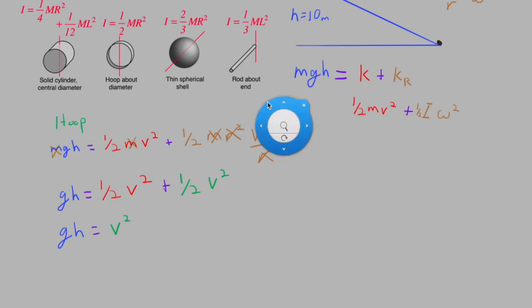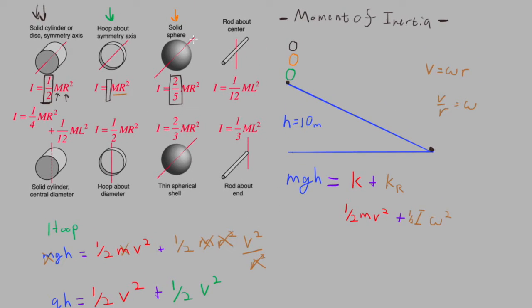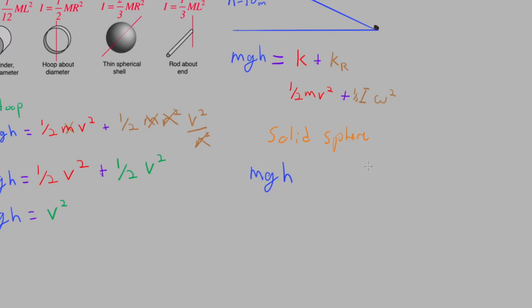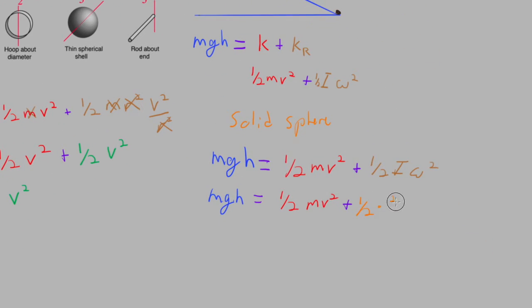Now let's try this for another shape. Let's see how things shake out for the solid sphere. So here's my general equation again, and then I'm going to substitute in my solid sphere's moment of inertia as well as the linear version of angular velocity. Once again, my r squareds cancel out.